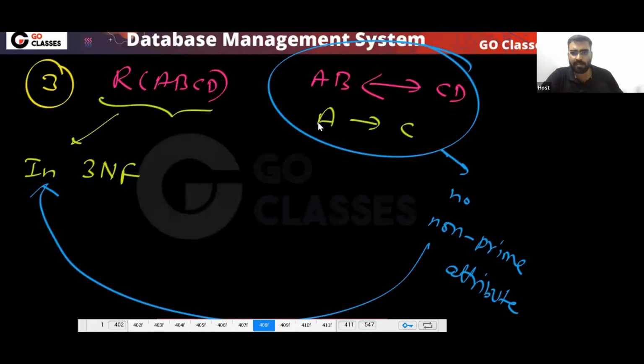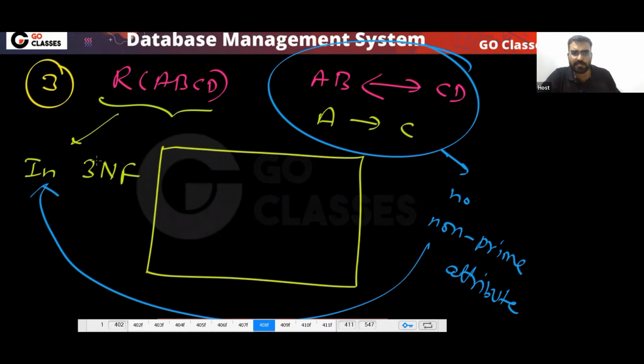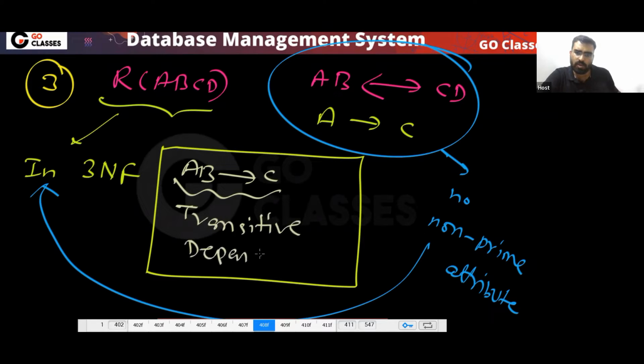Now you tell me, do we have transitive dependency? Look at this: AB determining C is your transitive dependency.